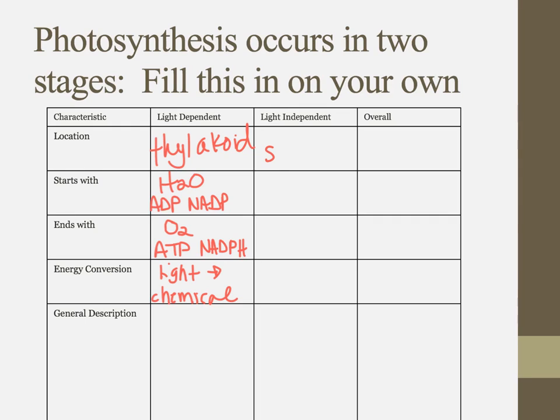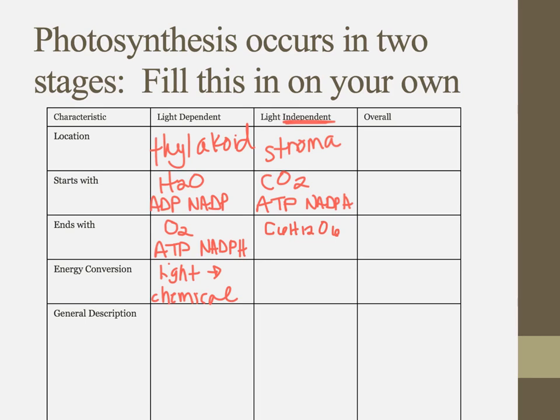The light-independent reaction takes place in the stroma. I said it wrong again, light-independent reaction, gosh darn it. Okay, we need a couple things for that. We need carbon dioxide, we need that high energy ATP, and we need the NADPH. Throughout that Calvin cycle, we're going to fix that carbon and make it into glucose.